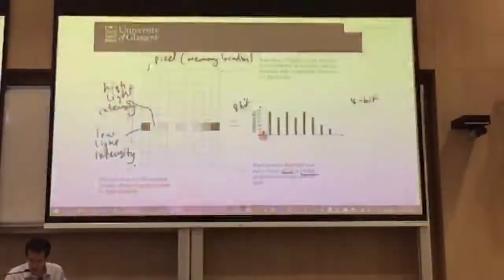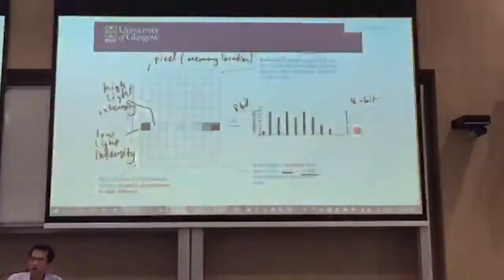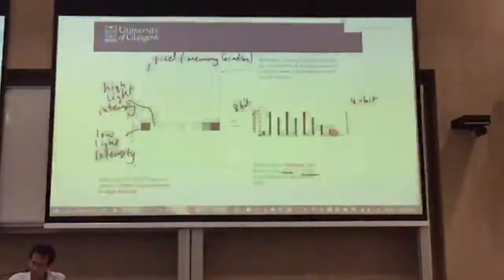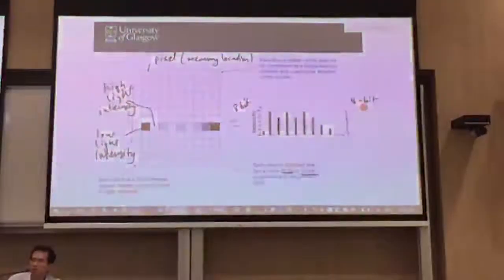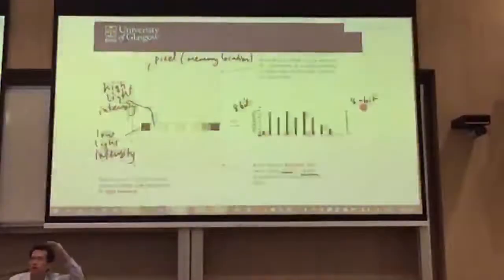Why 7? Because it's counting from 0. If it's 16-bit, we call it the final quantized level. You can see that definitely the 16-bit will give you a better grayscale because there are different shades of gray.